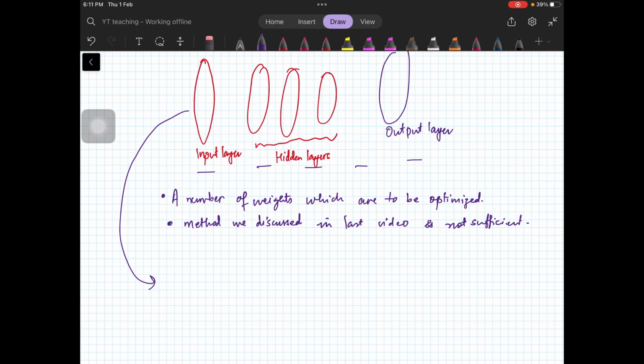For how to train the multi-layer perceptron, there was a question which was baffling scientists and people working in the field for many years. Then there was a breakthrough paper in 1986 by David Rumelhart and others, published in Nature.